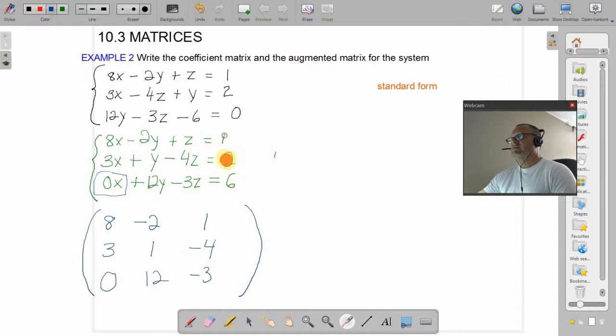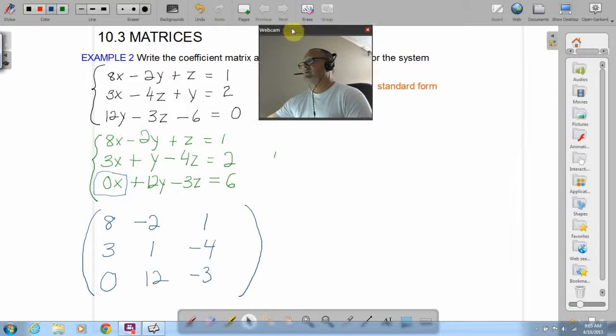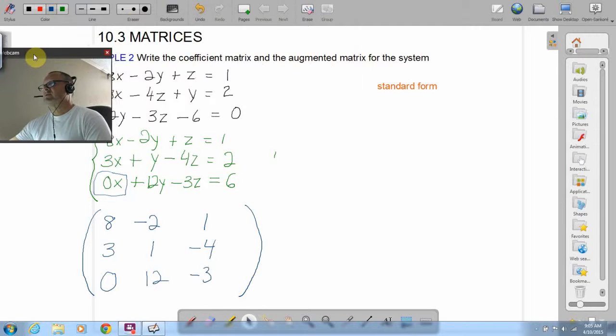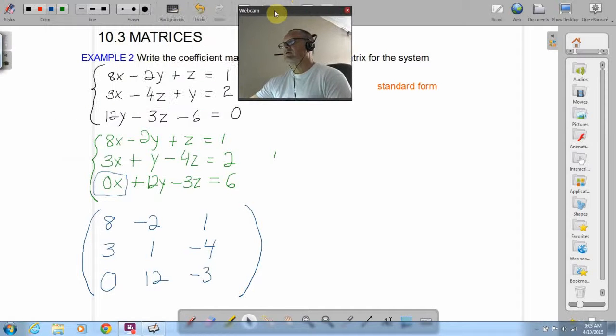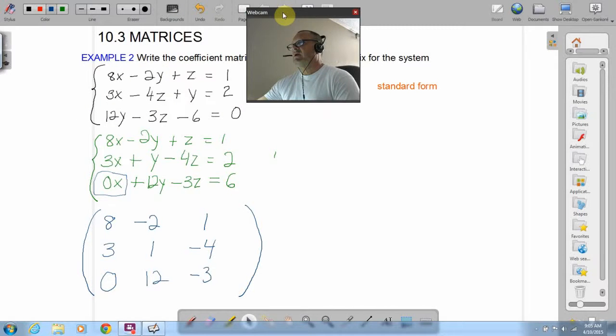Notice that for the coefficient matrix, we didn't include the right-hand side. That is done for the augmented matrix. Okay, so right there. All right, so now we're going to do the augmented matrix. Well, it's pretty much the same thing.